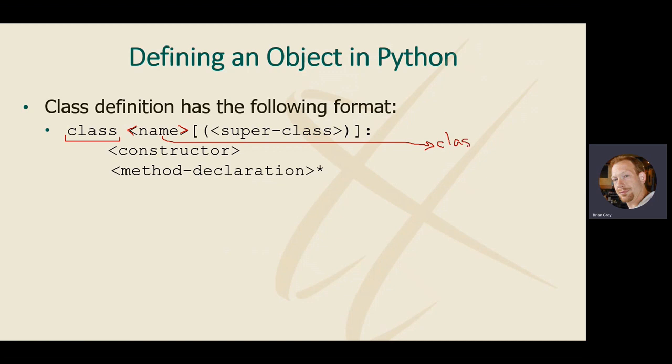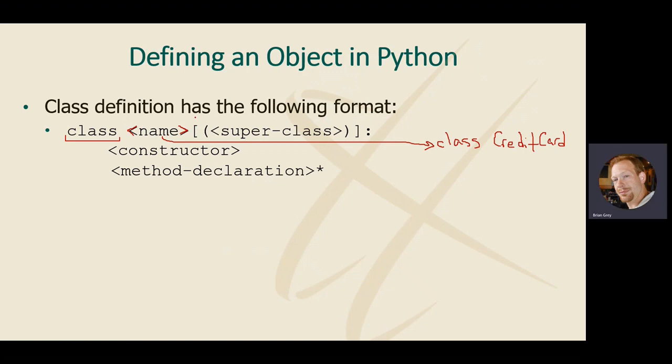And then you're going to replace the phrase name with the name of your object. Whatever you want to name your class, right? And the type of object you want to create, that goes there, right? So, credit card. Cool.